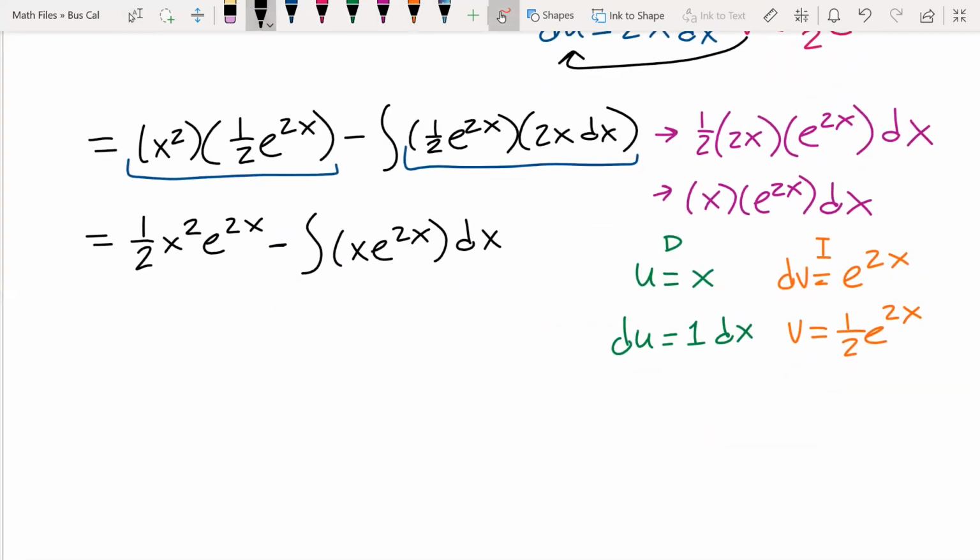All right, and here we go again. So this stays put. Let me write below so I don't run out of room. 1/2 x squared e to the 2x minus, and I'm going to put a bracket here to be neat, because what we're doing is integration by parts again.